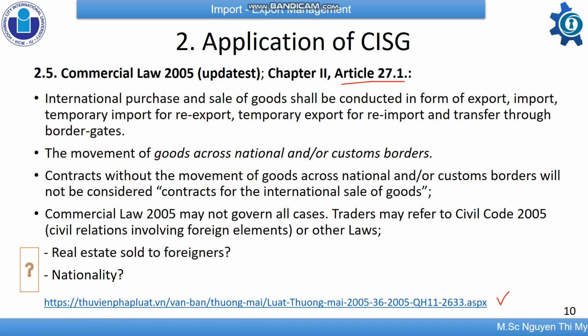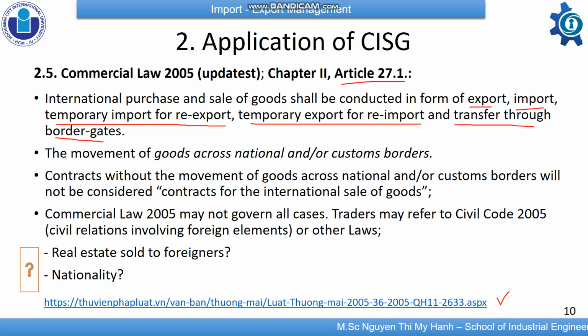So in commercial law 2005, the international purchase and sale of goods shall be conducted in form of export, import, temporary import for re-export, temporary export for re-import, and transfer through border gate.